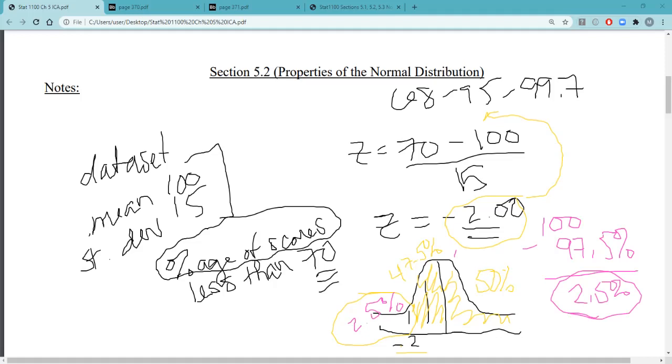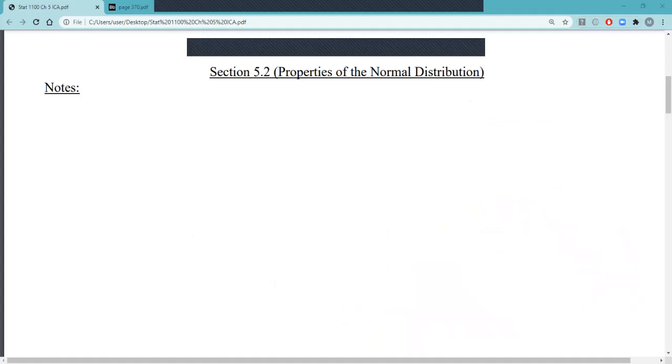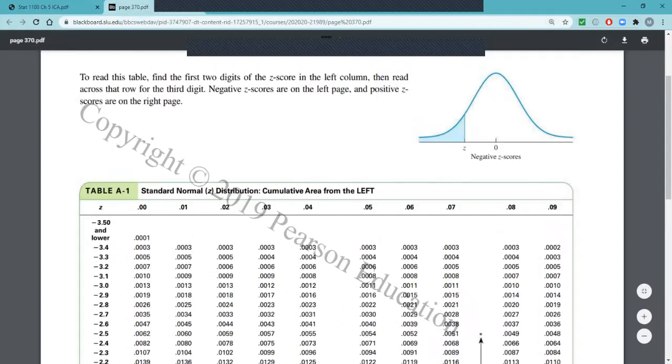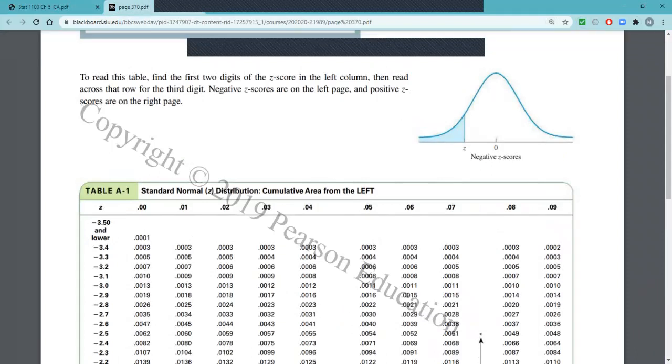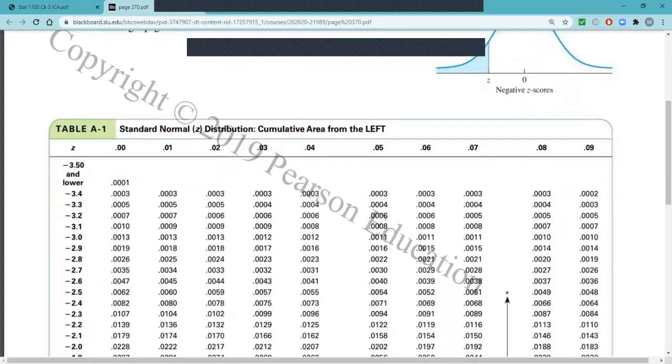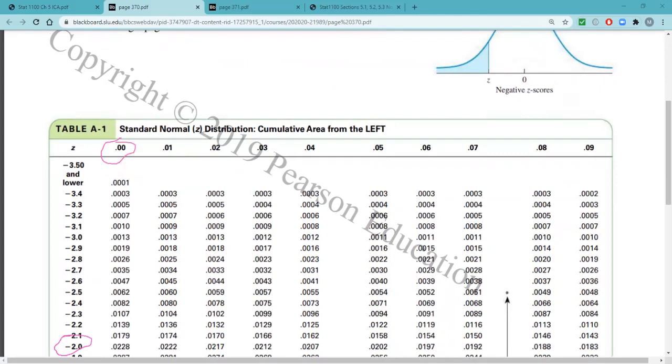I'm going to clear this screen, and I want to pull open that table we were looking at before. Okay, so we're looking at this negative z-score. We had a value of -2.00.